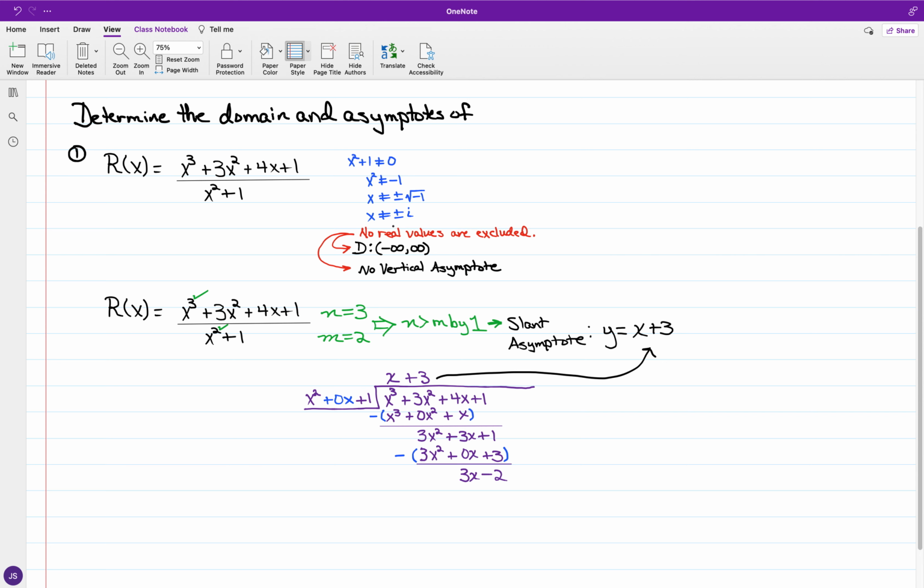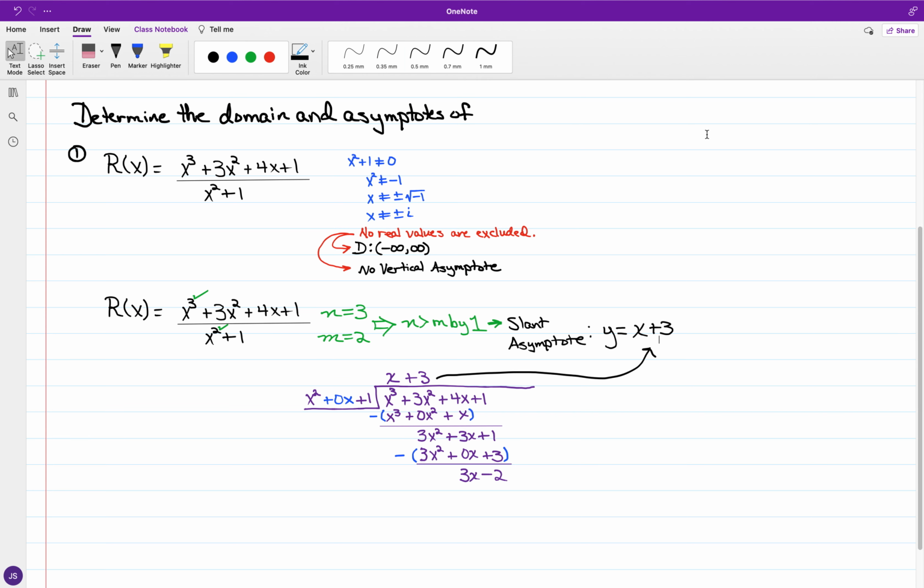The only exclusions were in the complex domain, but we're not dealing with complex numbers. And since there were no real exclusions, there was no vertical asymptote. From the degree comparison, the degree of the numerator is 1 higher than the denominator, and so we have a slant asymptote, y is equal to x plus 3.